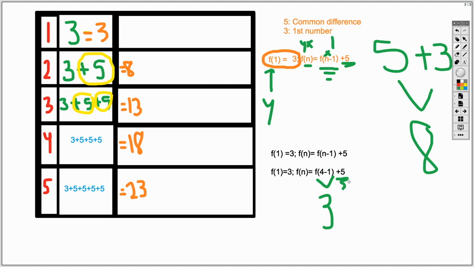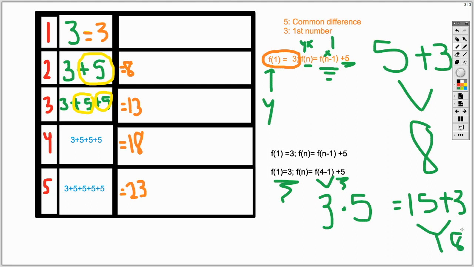Yes, we add when we're doing tables, but here we just multiply because we want the fast way. So 3 times 5 equals 15. Then we add our 3 and we get 18. And was our fourth number in reality 18? Yes, it was. So that's how we know our answer is correct.